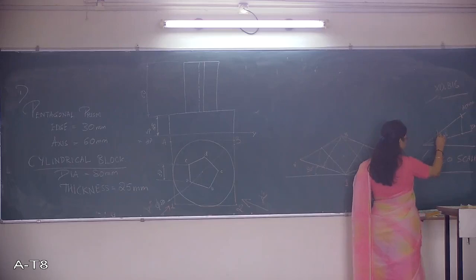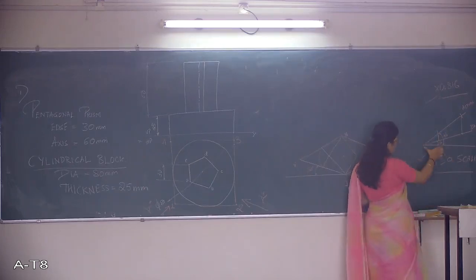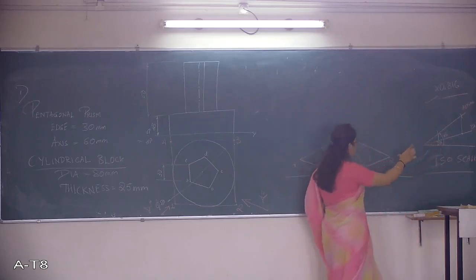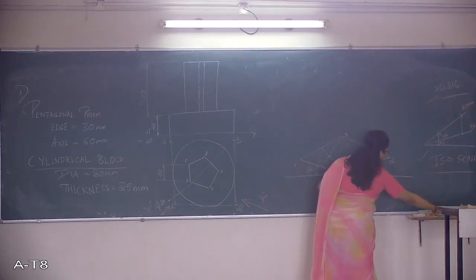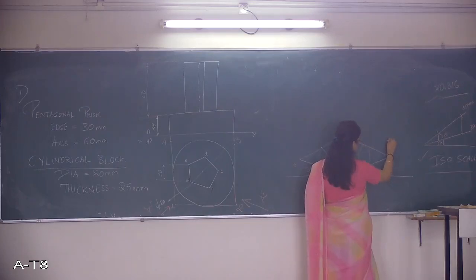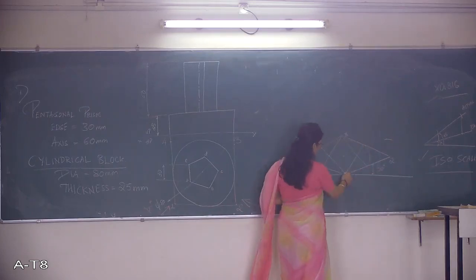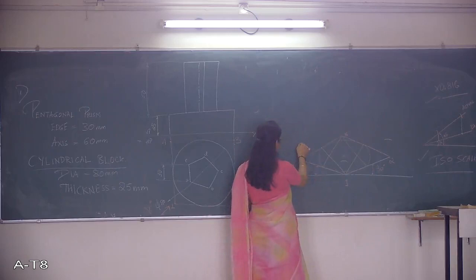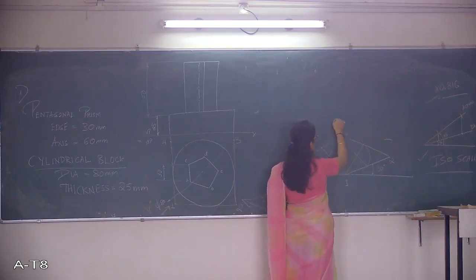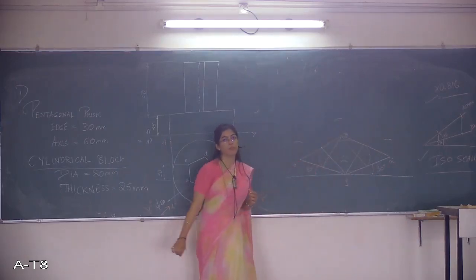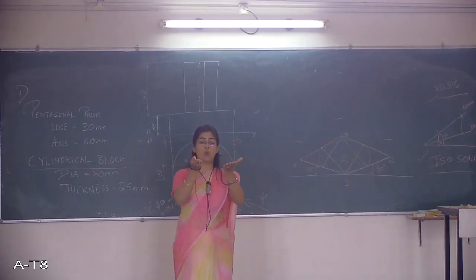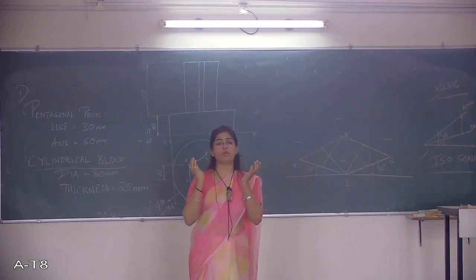From here, you pull it down to get the iso scale value of 25 mm. Again take the compass, and from 2, you can cut an arc here, measuring iso 25. From 1, iso 25. From 4, iso 25. And from 3, iso 25. This I have done so that I can get the square box for the top face.